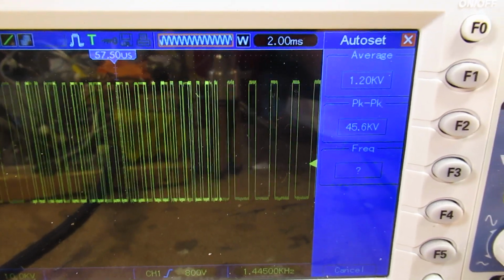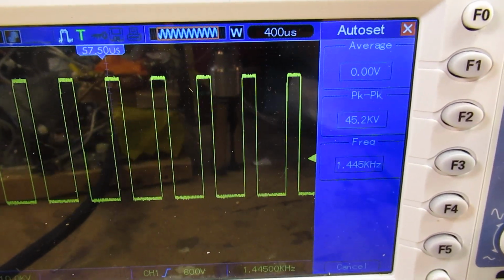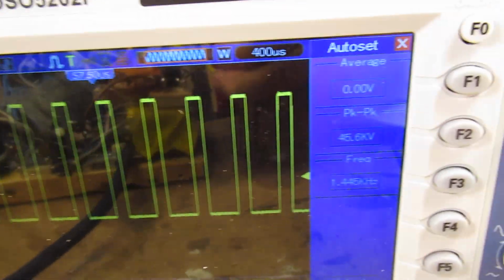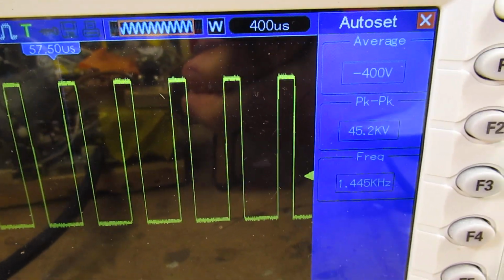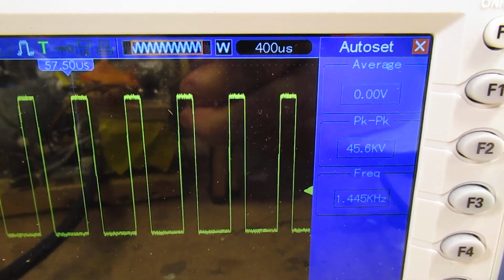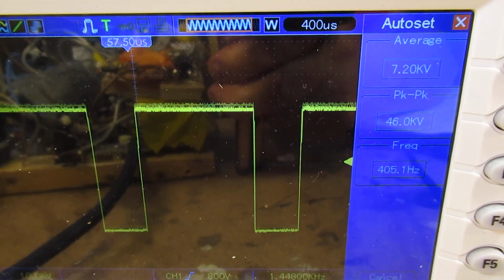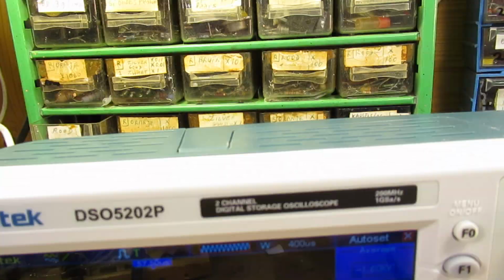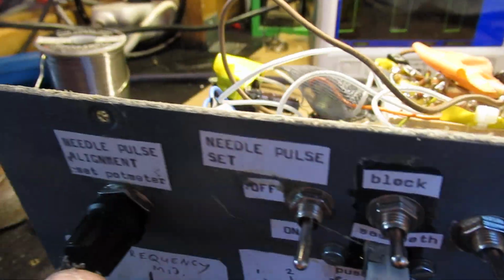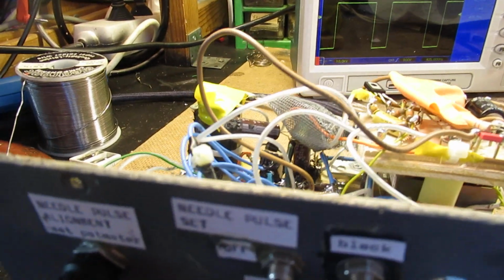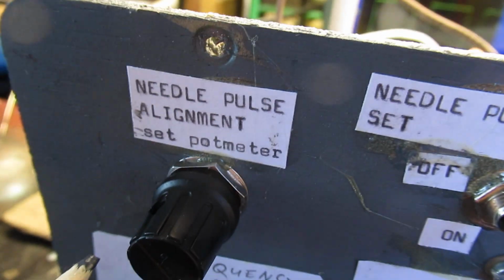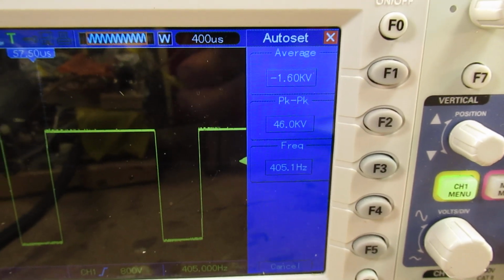Perhaps interesting to show that you can also get needle pulses in that lower frequency band, say 1.4 kilohertz. I switch now to lower frequencies, and let us turn this potentiometer, the needle pulse alignment. Let's see what happens.